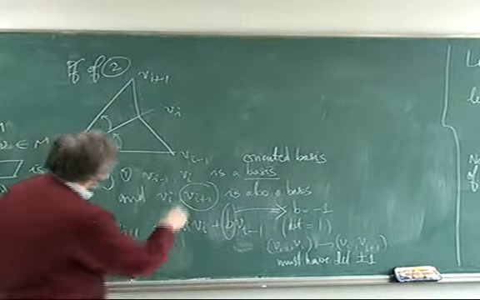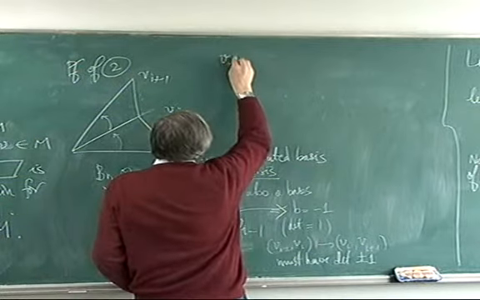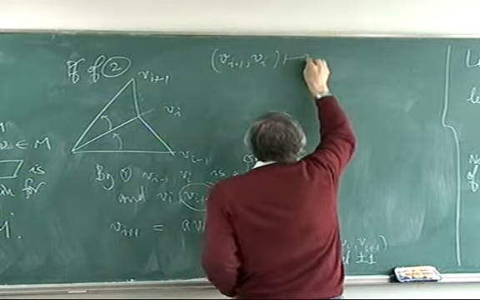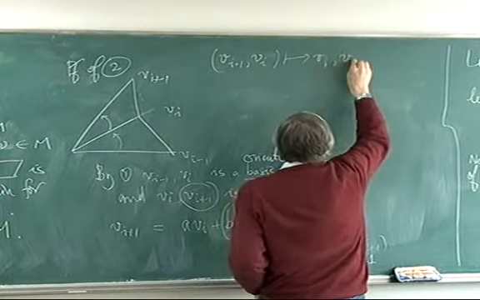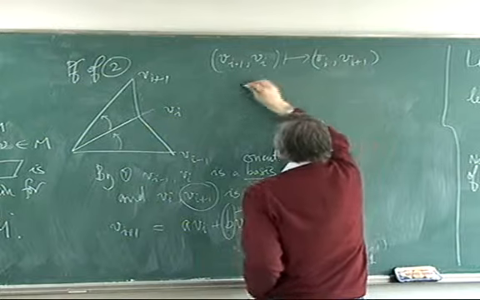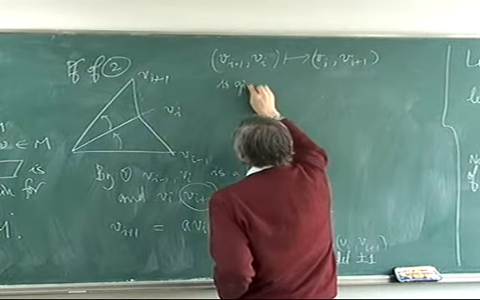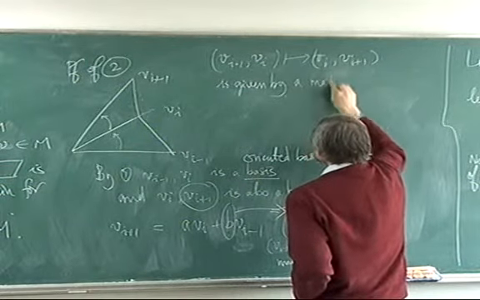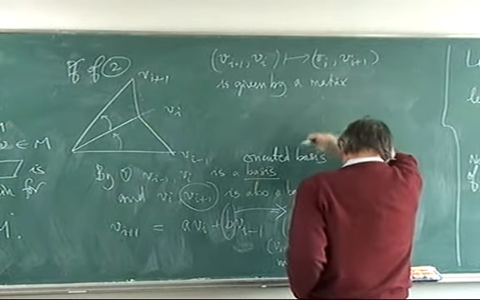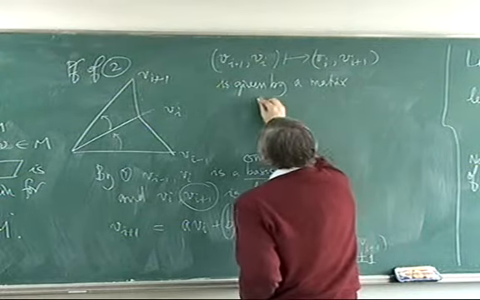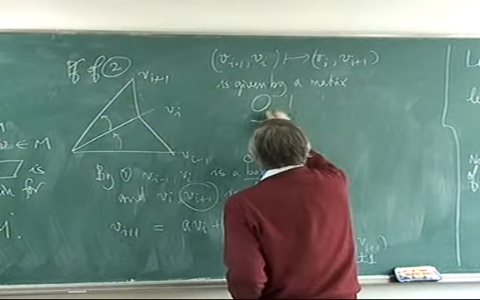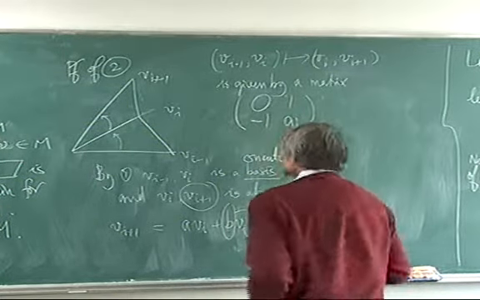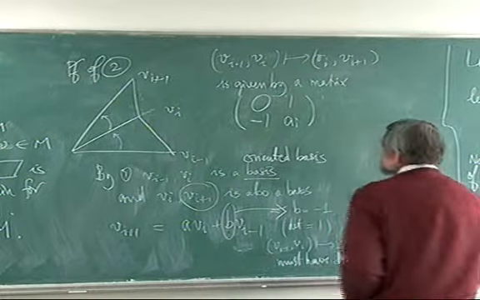Right. So the point is really that if I do v_{i-1}, v_i, it maps to v_i, v_{i+1}, given by a matrix (0, 1, minus 1, a_i).